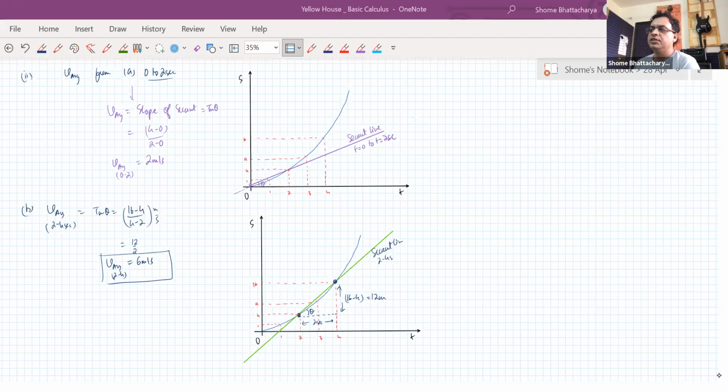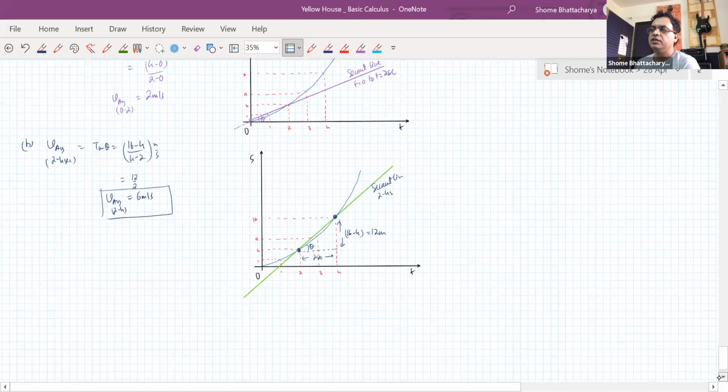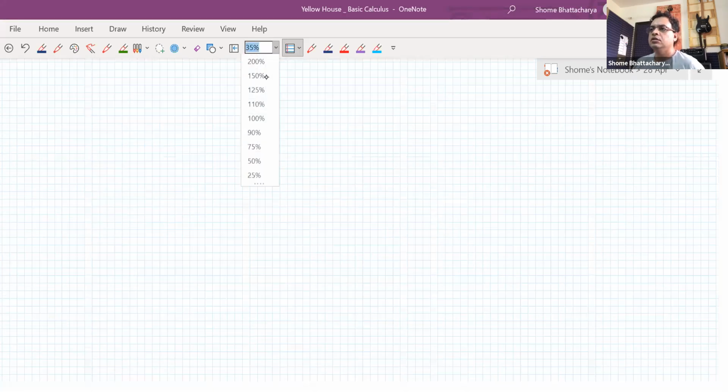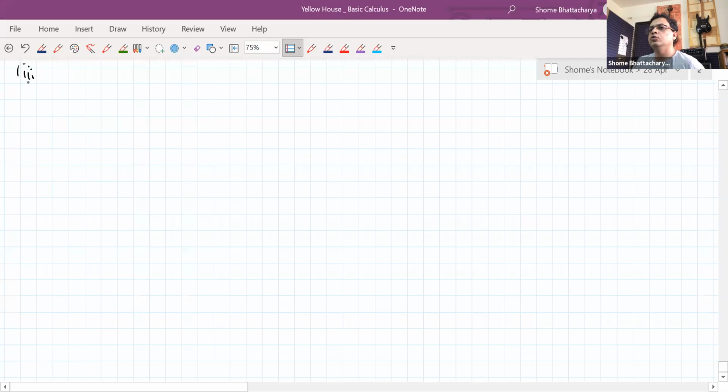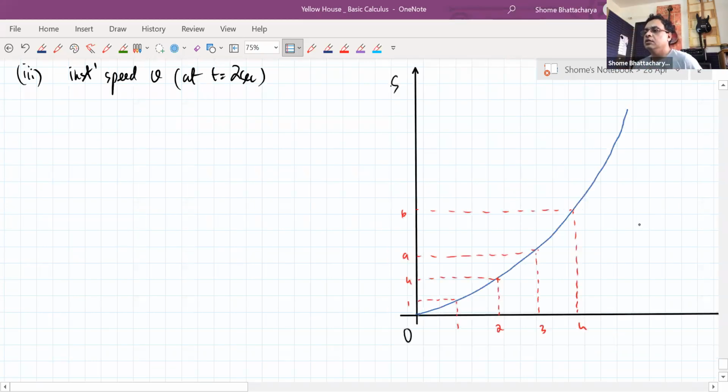Okay, now let's go step by step and let's see about the instantaneous speed, the third part, at t equal to 2 seconds. First of all, what we are trying to do here is that at this point of time, t equal to 2 seconds, we'll be trying to draw a tangent line.